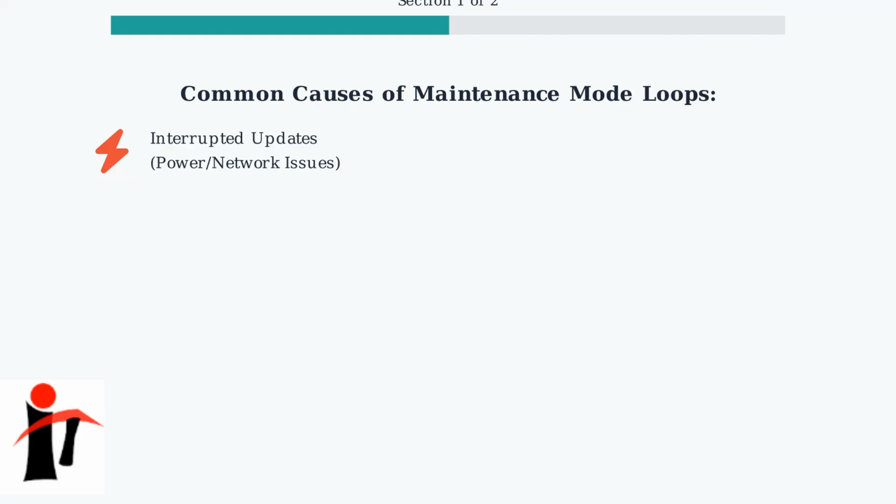However, several factors can cause your YouView box to get stuck in maintenance mode, creating an endless loop that prevents normal operation. The most common cause is interrupted software updates. When power outages or network disconnections occur during an update, the system can become stuck trying to complete the process.